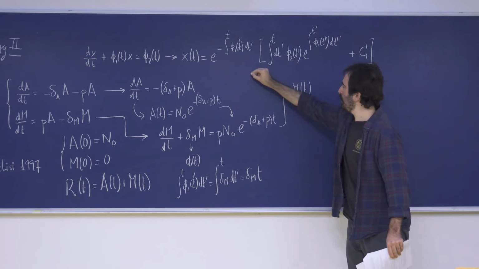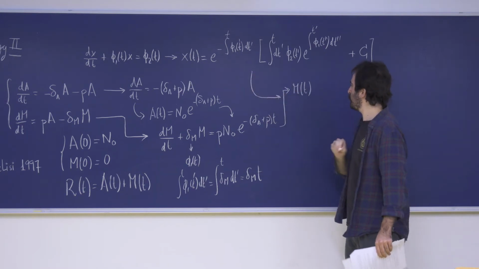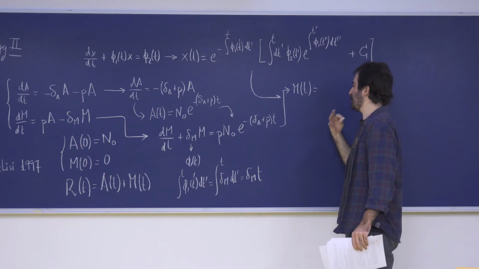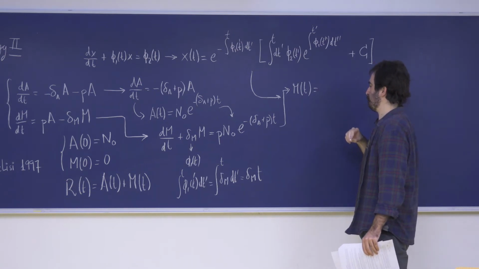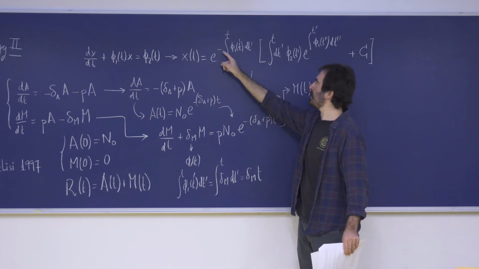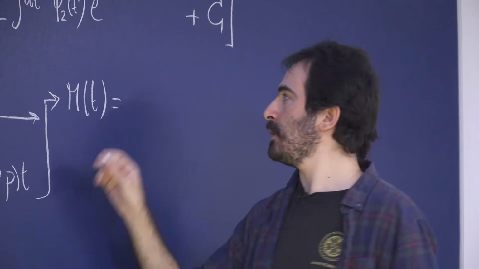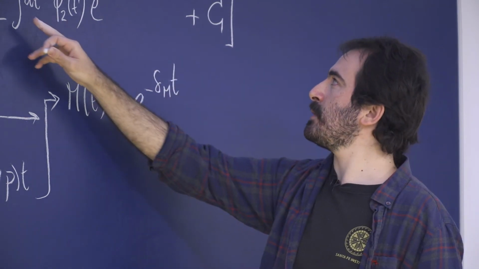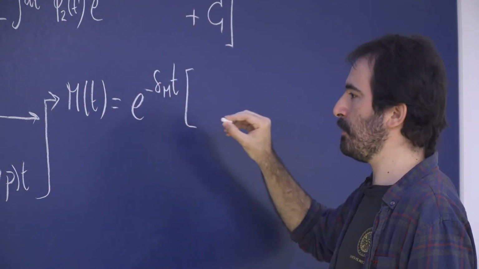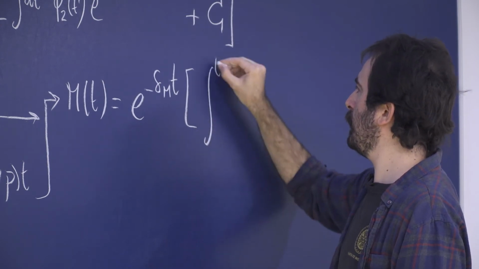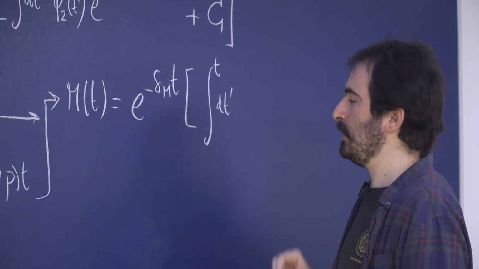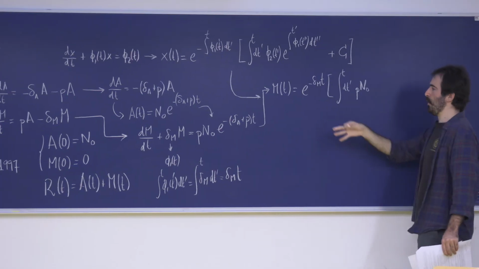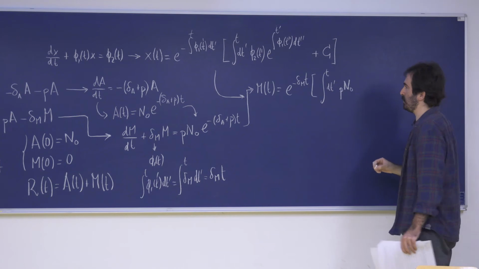Now I'm using all of this knowledge to write down almost the final, the general solution for this. So first off, I'm going to have e to the minus of this integral that I've solved. So this is going to be e to the minus delta m t times this integral here that I shall write a bit more specifically now. So this is going to be like this, and we have p n naught. These are constants, they can go outside of the integral.